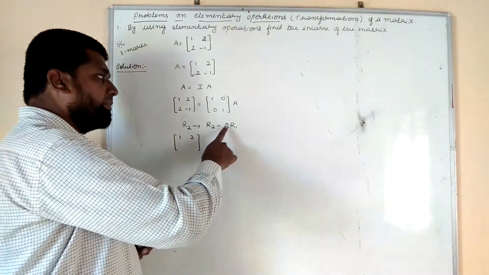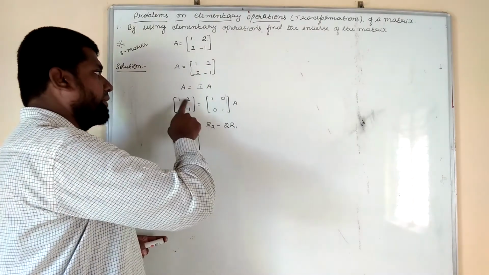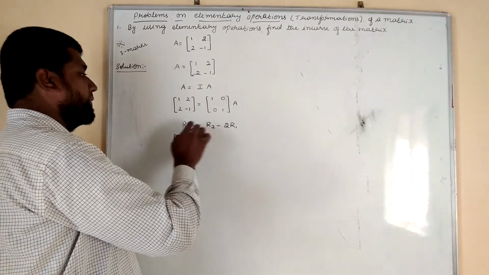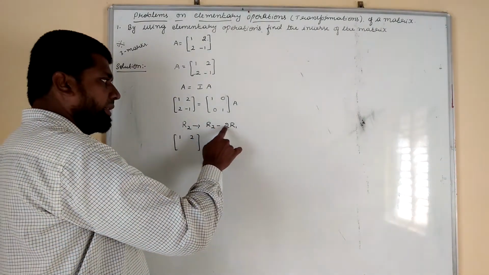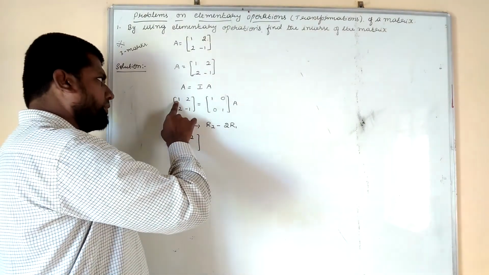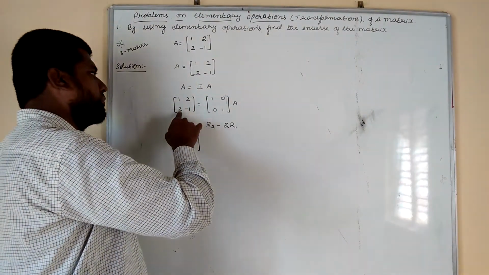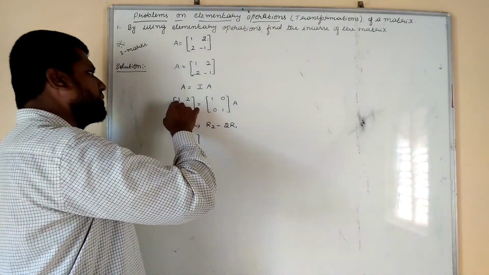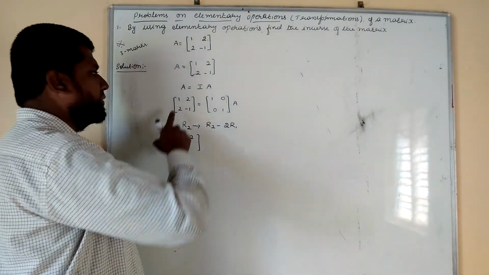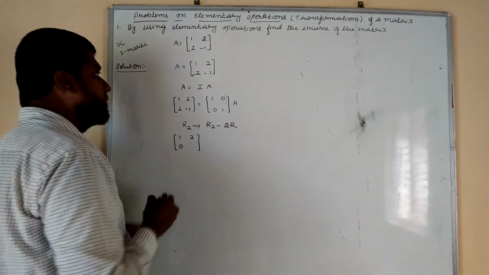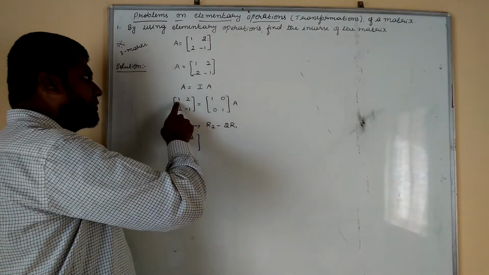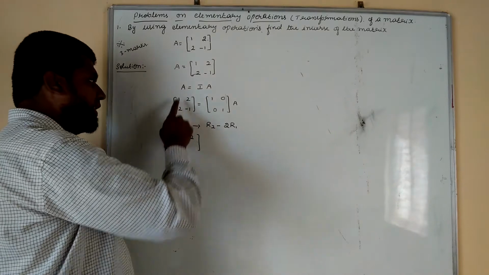We multiply the first row by 2 and subtract it from the second row. 2 minus 2 into 1 is 0.